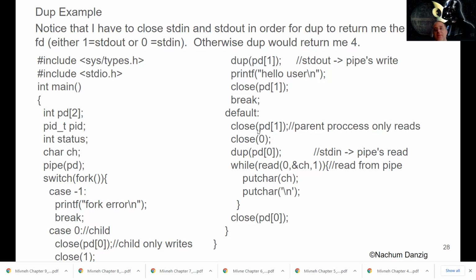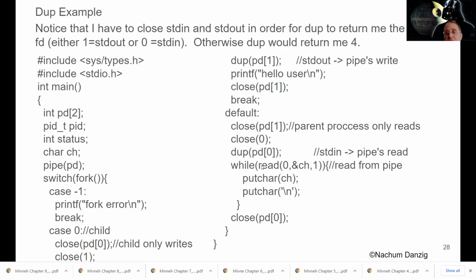Okay, and then the parent process will read from 0. Now 0 would normally be reading from the keyboard. But in this case, since I closed 0 and I made dupe on the read side of the pipe, dupe will automatically return me the next lowest number available. So 0 is now available, so 0 will point to the read side of the pipe.